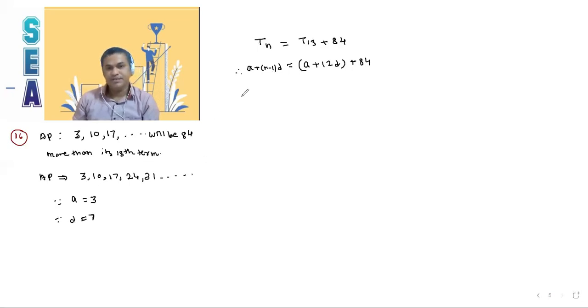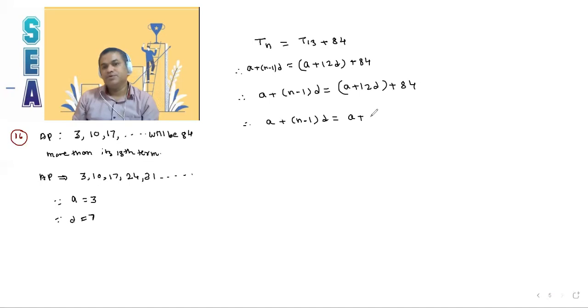So here we'll write the step again. a plus n minus 1 into d is equal to a plus 12d plus 84. I have written the same step again, but here I have opened the bracket. So this a gets cancelled here. Now look carefully, n minus 1 into d, where d is 7, and 12 into 7, plus 84.